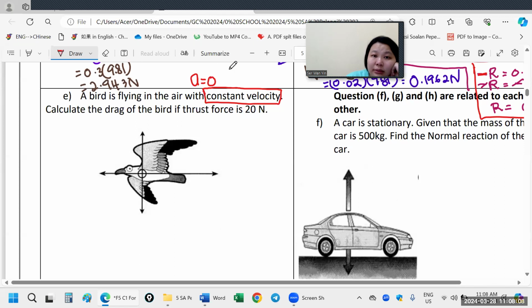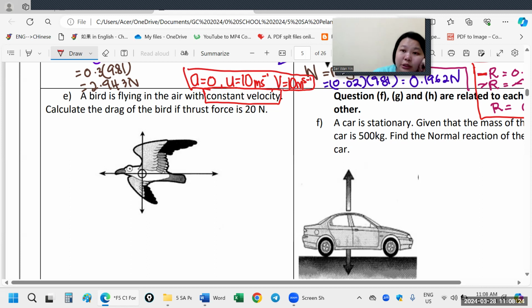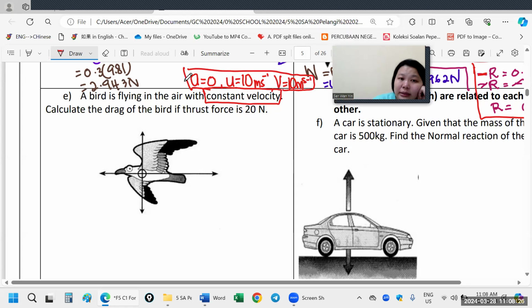No acceleration means the initial velocity is, let's say, 10 meters per second, so V will also be 10 meters per second. That means no acceleration, acceleration 0. Then now, calculate the drag of the bird if the thrust force is 20 Newton.